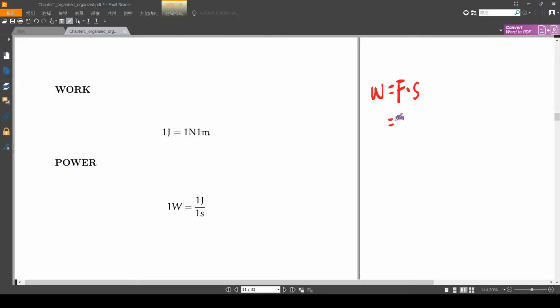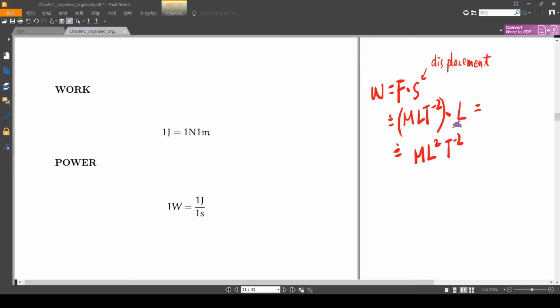Therefore, the force, what we have learned, the dimension of the force is equal to M L T minus 2, and then times displacement L. So the dimension of the work is equal to M L squared T minus 2.